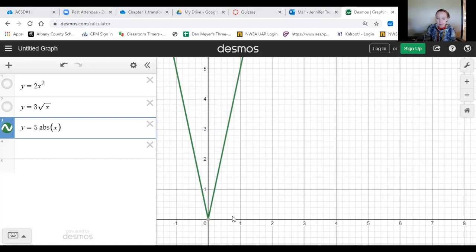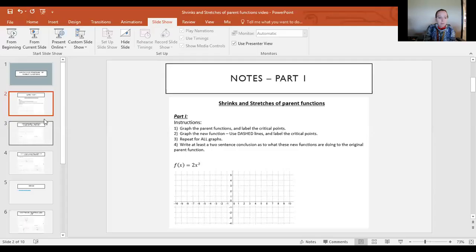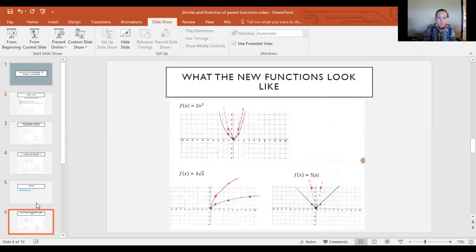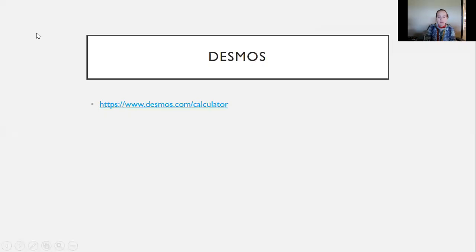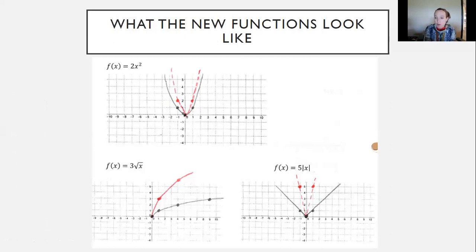Your notes should now look like this. All right, I have new functions, and I want you to take a look at what happened to those critical points.